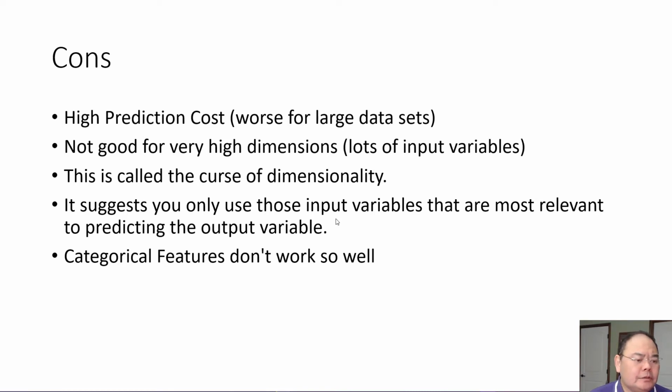The last point is that k-nearest neighbor may not work so well with categorical features, for example gender, male or female, or the age group, instead of giving you continuous age data, such as 10 to 20, 20 to 40, 40 to 60. Or in medical applications, you have smoker or non-smoker types of categorical data.